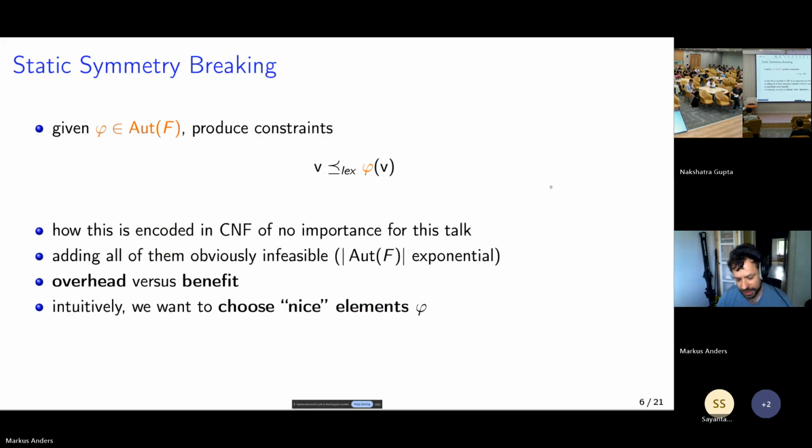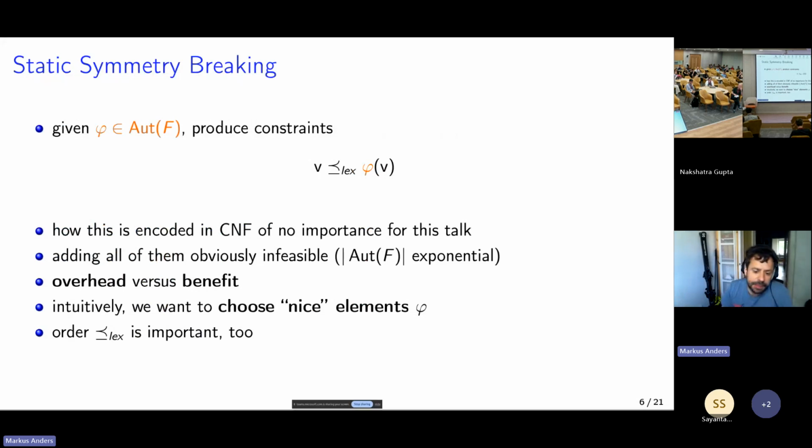And intuitively, what we want to do, we want to choose sort of a nice subset of the symmetries that give us a lot of benefit without much overhead. And okay, I should mention that the precise ordering that we use is important as well, but I'm just not gonna talk about it.